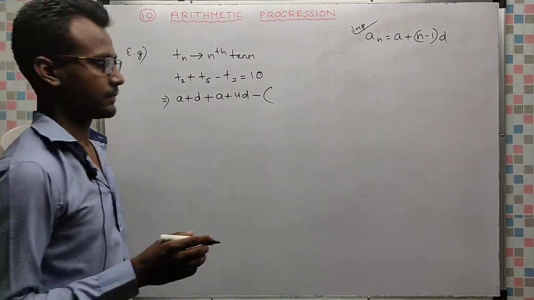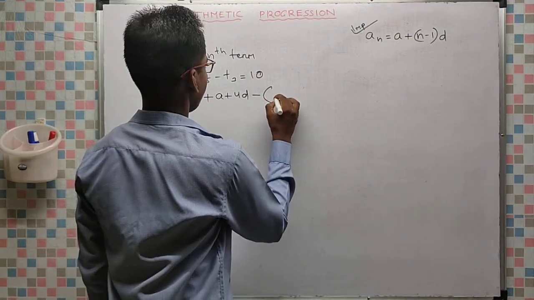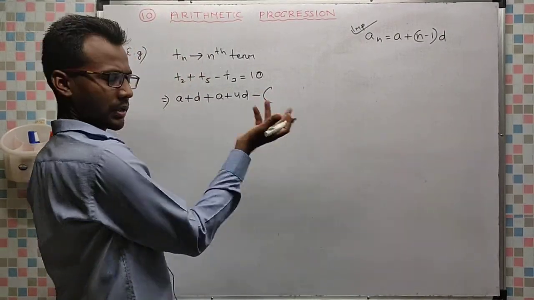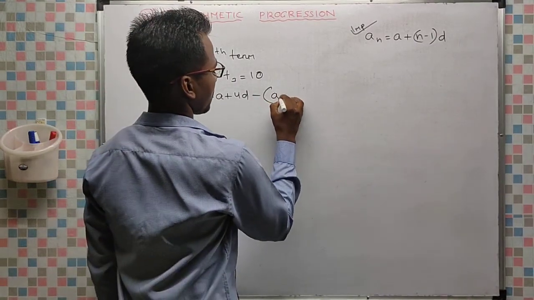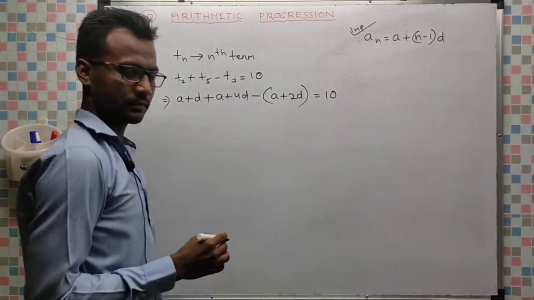T3 means A3. What is A3? A plus 2D. Here I can write A plus 2D is equal to 10.